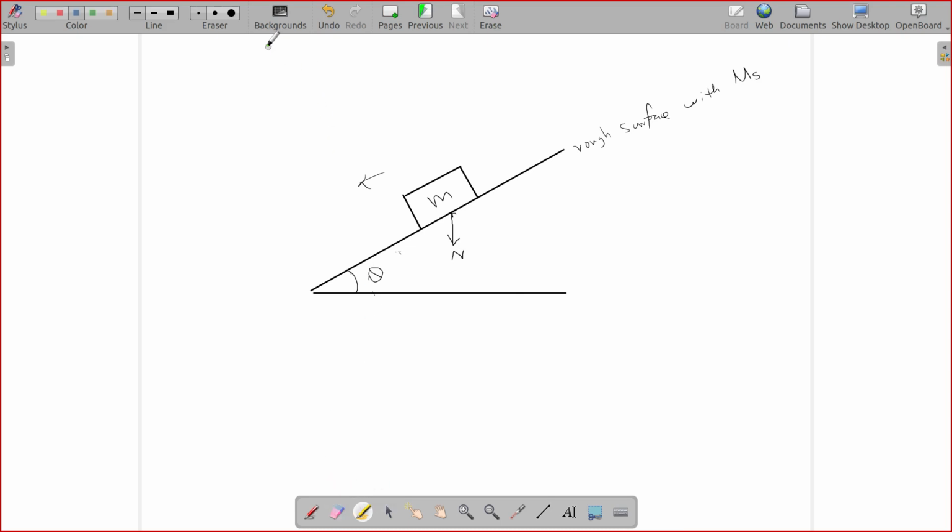What is the direction of normal force? Normal force is always normal. Now we will write only external forces.